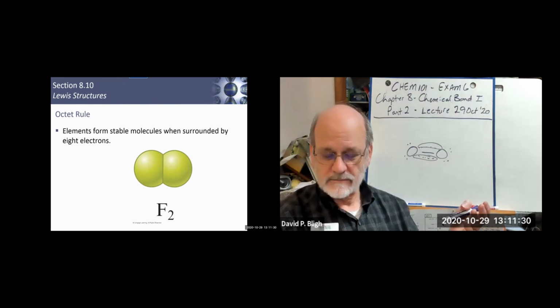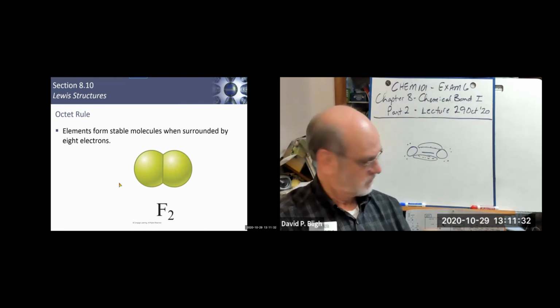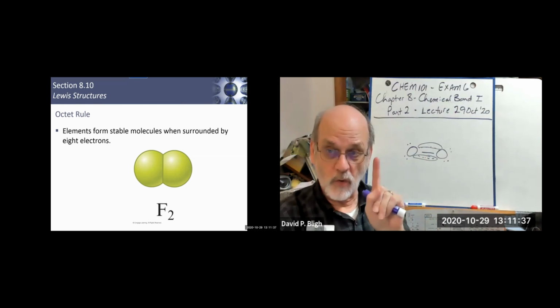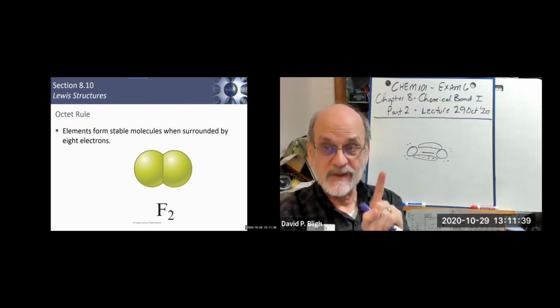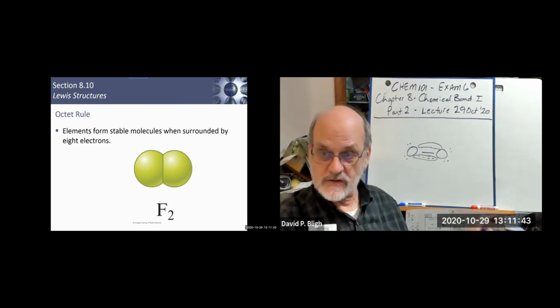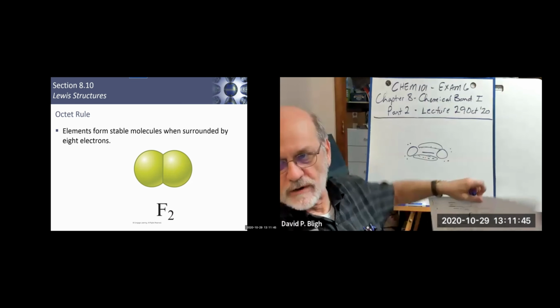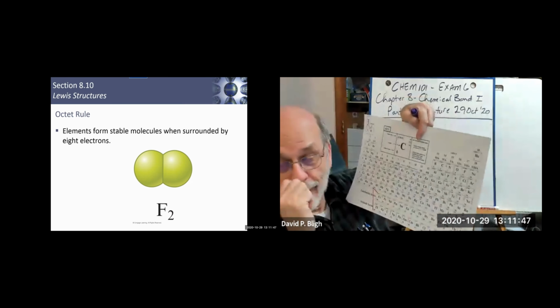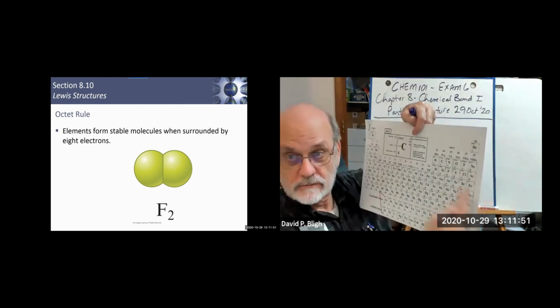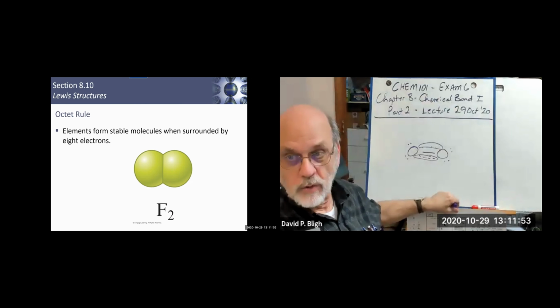Right? Like fluorine wants to look like neon. Fluorine only needs 1 more electron to complete its octet. That's true for all of the halogens. I'm pointing at my chart. All of the halogens only need 1 electron to look like their next door neighbor, a noble gas.